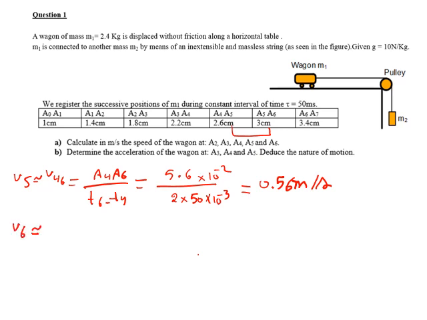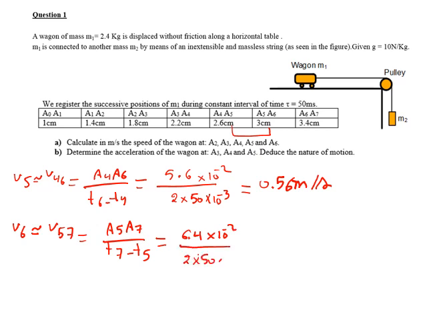V6, approximately V57, equal to A5A7 over T7 minus T5, equal to 6.4 times 10 power minus 2 over 2 times 50 times 10 power minus 3, equals 0.64 meter per second.